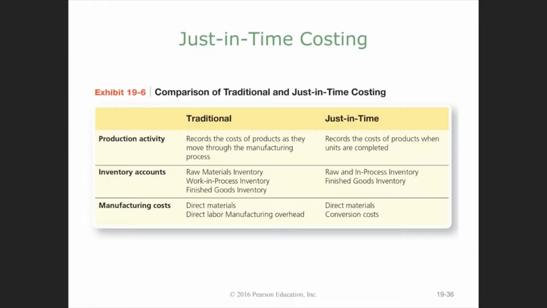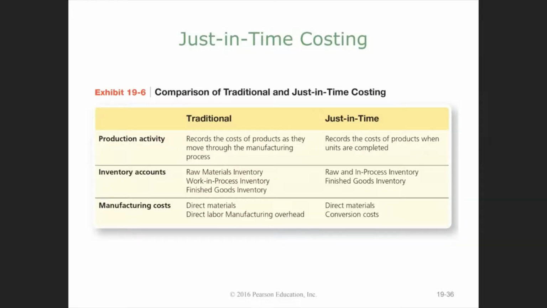They're working in process to finish it. And then when we got to the very end, we saw the finished goods inventory, which is where we have our finished goods listed. So traditional inventory accounts, we've got raw materials, work in process, finished goods. For just in time, we just have our raw and in process, and then we have our finished goods inventory. So less accounts there as well.